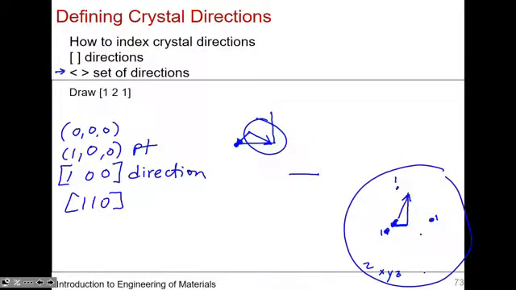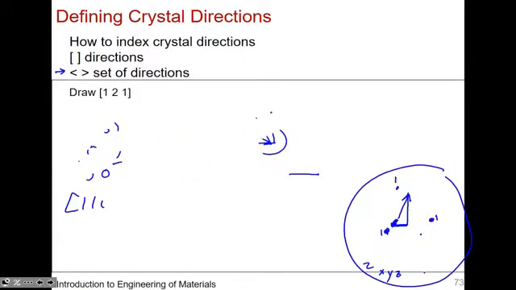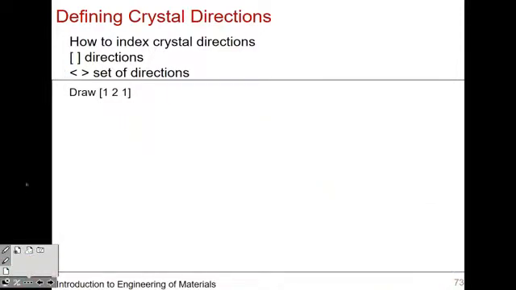Now, let me clear it. Okay. So I have some examples for us to practice together. You could be given a direction and you have to figure out what the crystallographic direction is, or you can be given something to draw.